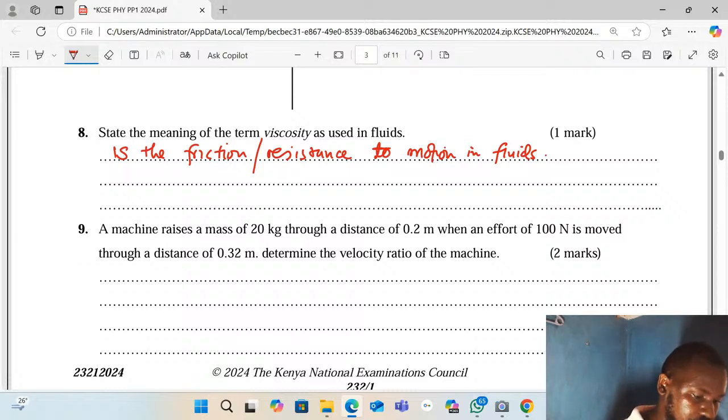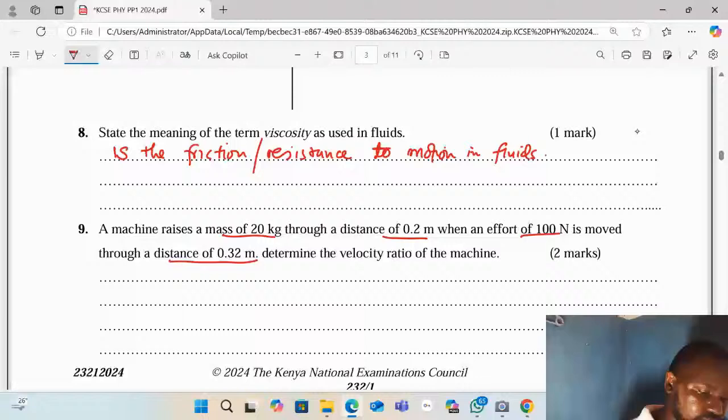A machine raises 20 kilograms through a distance of 0.2 when an effort of 100 is moved through 0.32. Determine the velocity ratio.